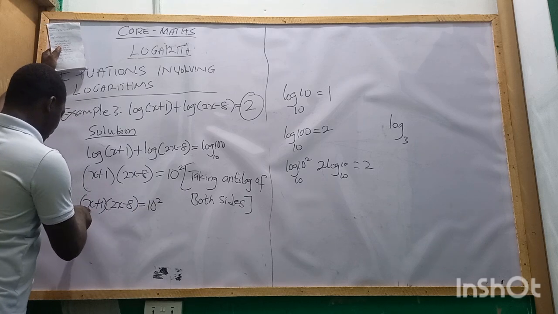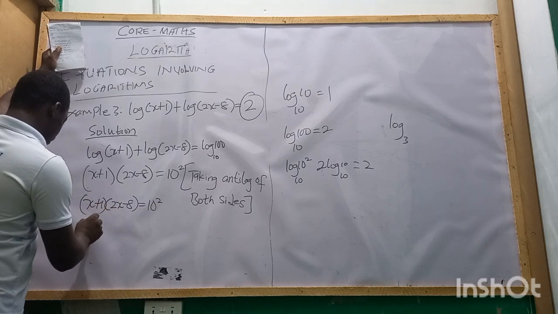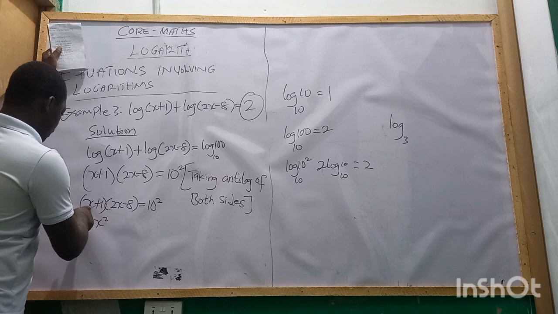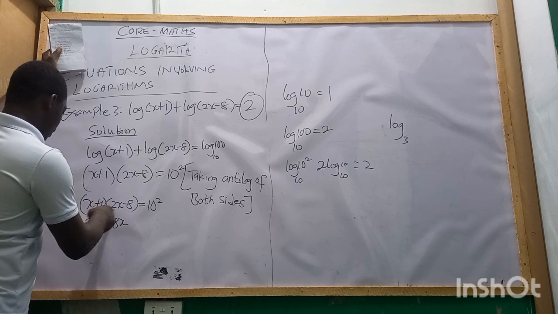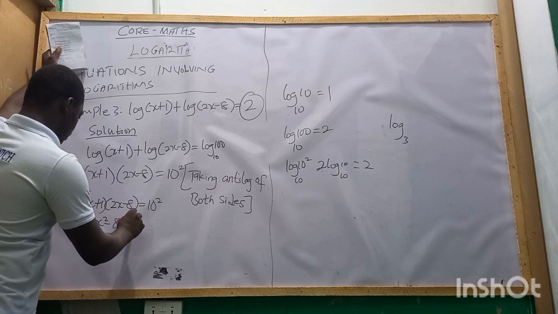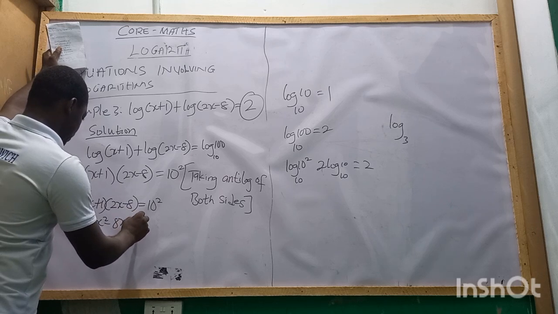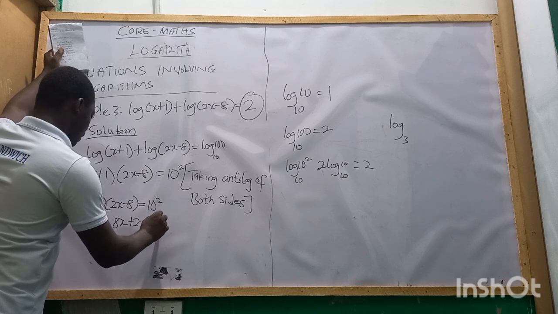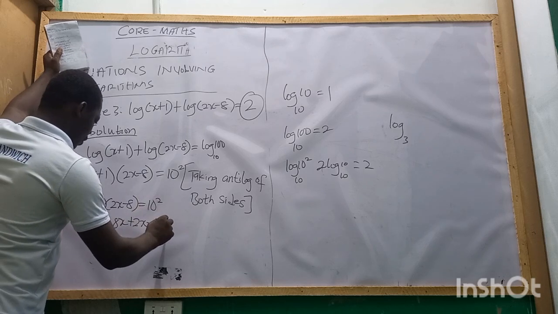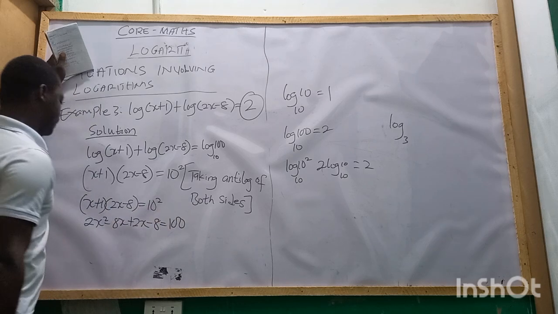So I'm expanding. So this one multiply this, I'll get 2x squared. This one multiply this, I'll get negative 8x. This one multiply this, I'll get plus 2x. This one multiply this, I'll get what? Negative 8 equal to what? 10 squared, which is what? 100.